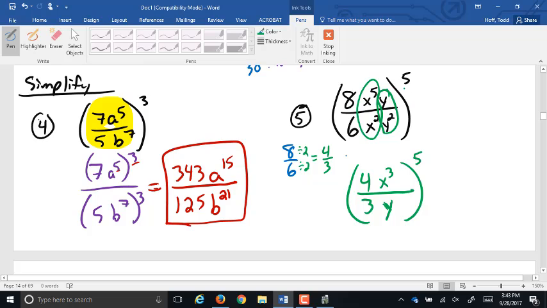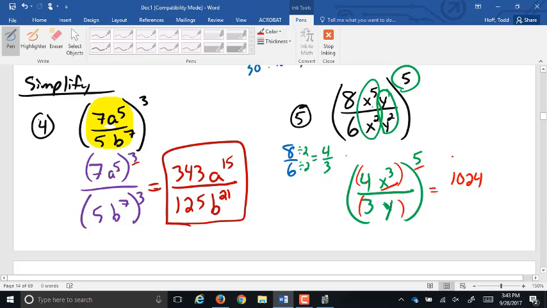Now this whole thing still is to that power of 5. And of course we know we can do the top to the power of 5 and then the bottom to the power of 5. So on top, we're just going to do each piece. 4 to the power of 5 is 1,024.